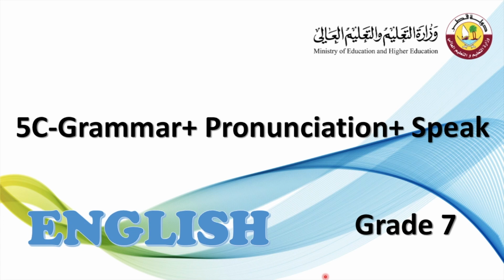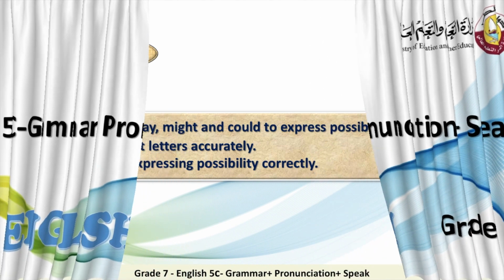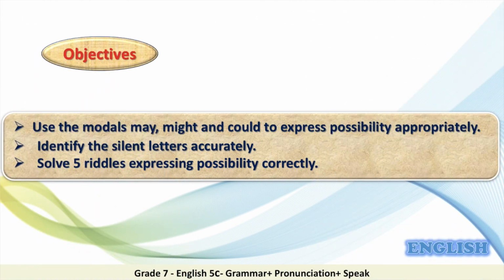Welcome to a new lesson entitled 5C Grammar plus Pronunciation plus Speak. Today, we have 3 learning objectives, which are to use the modals may, might, and could to express possibility appropriately, to identify the silent letters accurately, and to solve 5 riddles expressing possibility correctly.